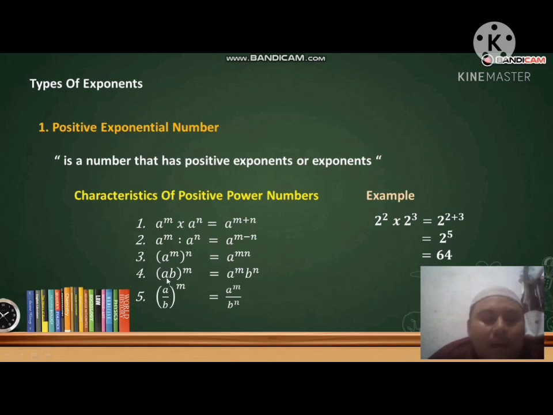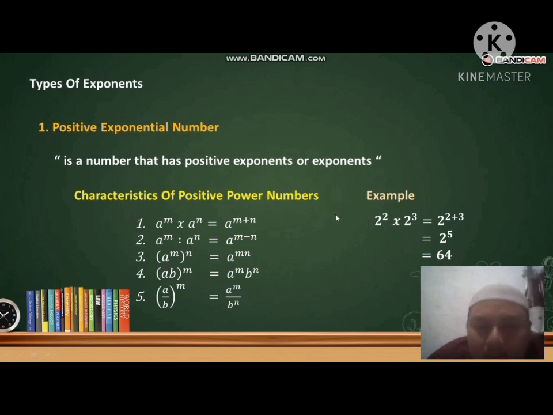Number 4, (ab) to the power of m equals a to the power of m times b to the power of m. Number 5, (a over b) to the power of m equals a to the power of m over b to the power of m.